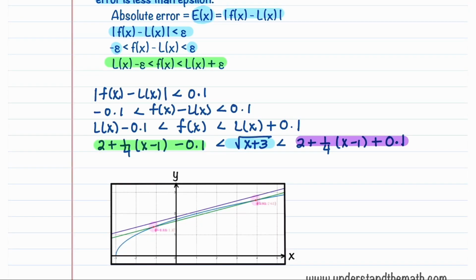Let me go ahead and write that down. So our answer is going to be minus 1.13 is less than x is less than 3.93. Our linearization then will be accurate to within 0.1 when x is between these numbers.